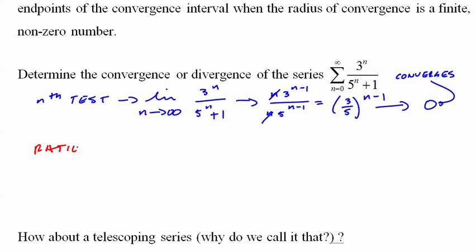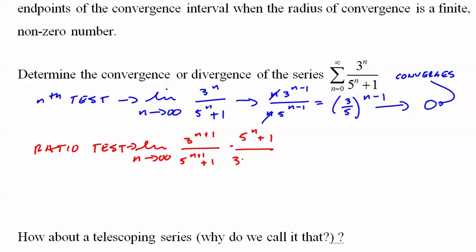Ratio test, a little trickier. Limit as n approaches infinity of 3 to the n plus 1 over 5 to the n plus 1, times 5 to the n over 3 to the n.